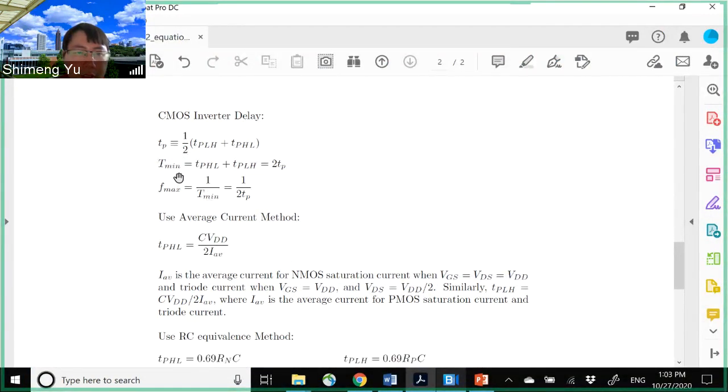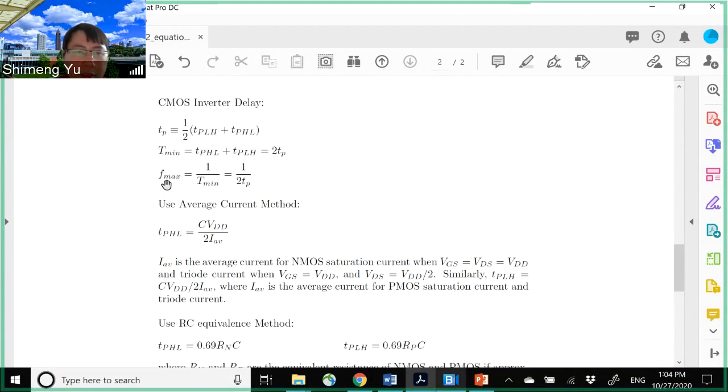And the minimal clock cycle needs to finish the rising edge and the falling edge, so it's 2 TP. And Fmax, the maximum clock frequency, is just 1 over the minimal clock cycle, so it's 1 over 2 TP. This is for one inverter.